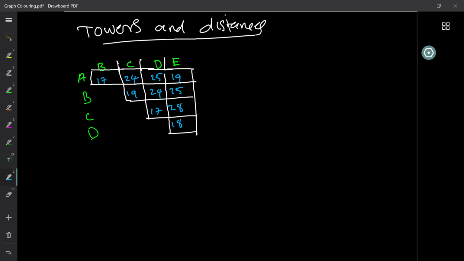Otherwise, you don't have to worry about it. So what we are going to do is define a graph with the towers as the vertices, and if the distance between two towers is less than or equal to 20 kilometers, we will put a line joining them.